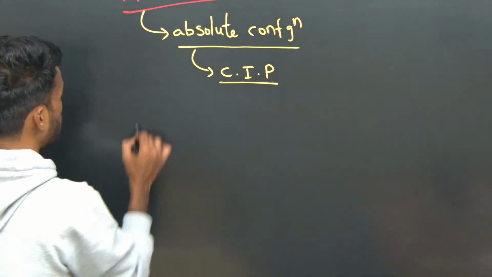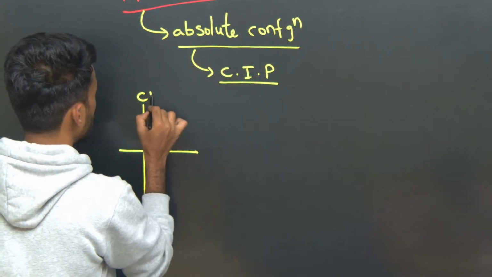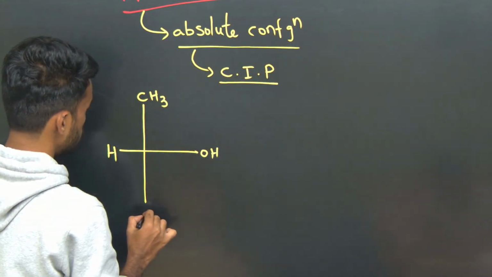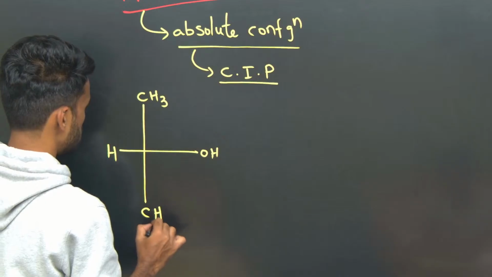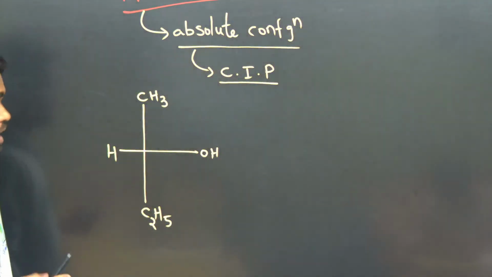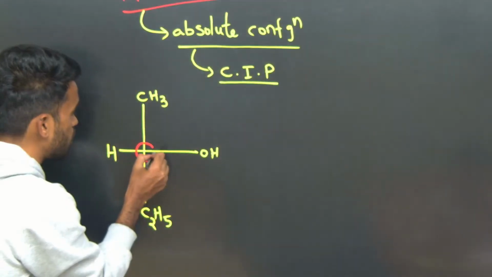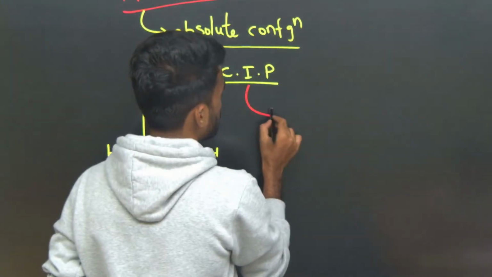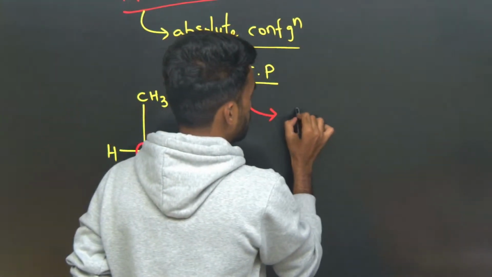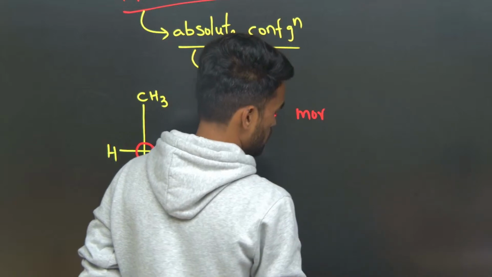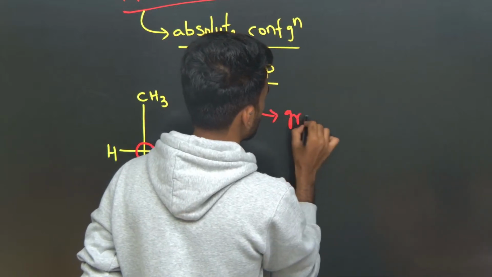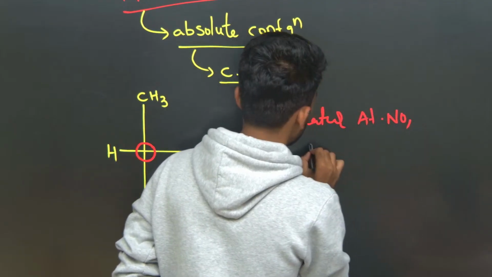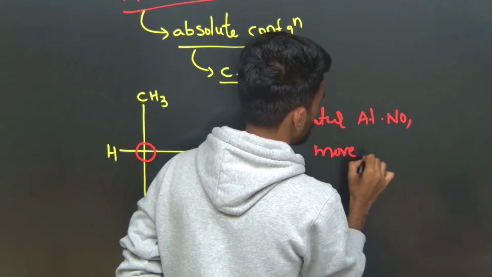For example, I am writing a Fischer projection like this: CH3, H, OH, and C2H5. Tell me whether this carbon is chiral or not. Yes. Now, as per CIP rules, one basic rule I will tell you first: greater atomic number gets more priority.